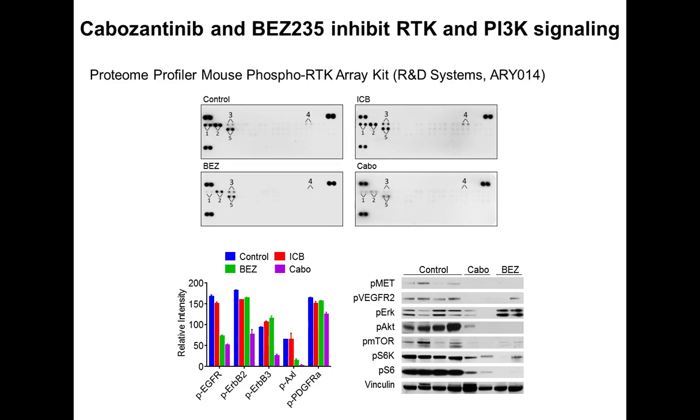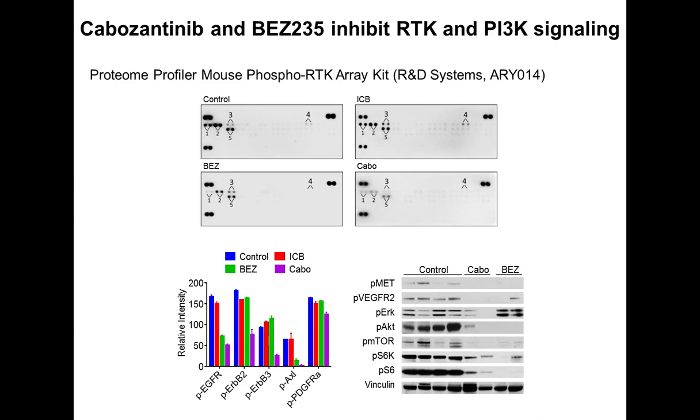First we want to understand what's the effect of these drugs on the phospho-receptor tyrosine kinase pathway, because we know cabozantinib targets some of the known RTKs. BEZ is not directly targeting RTKs, but it can have some indirect consequences, presumably. So we just want to test what happens to tumors after the treatment using this protein array.